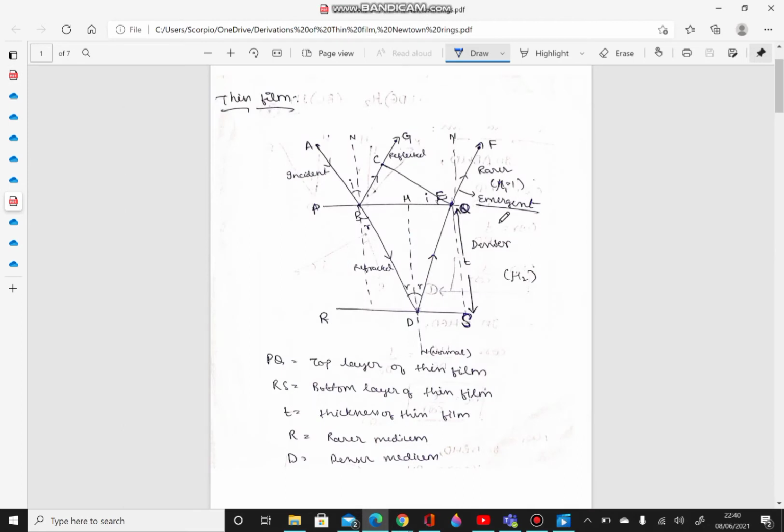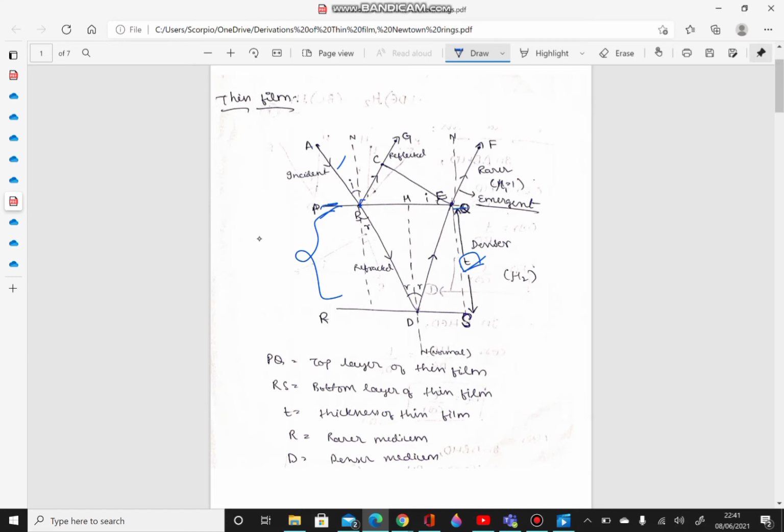So this is the main diagram of the thin film experiment, in which, as in the diagram, the thin film PQRS is taken of thickness T. So what happens in this experiment? On the top surface of the thin film, that is PQ, a light ray AB is incident as shown, and from there it takes two parts.